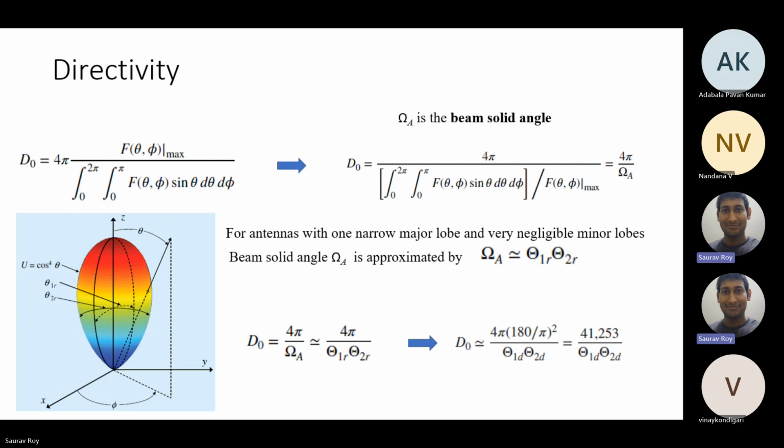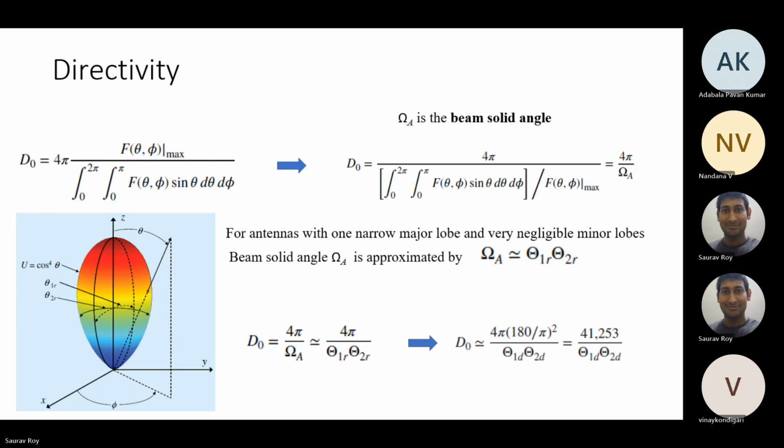Now we have some simplification. In a radiation pattern, we have the concept of the half power angle. This means the angle where the power will be half of the maximum.